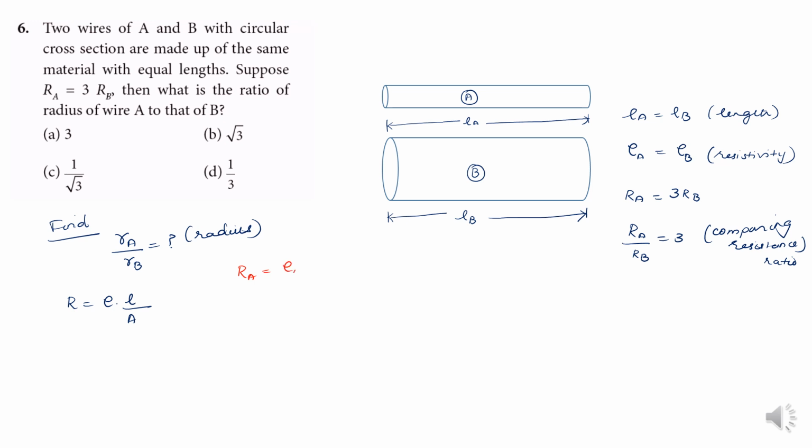So if we write this equation for wire A, we can write it as RA is equal to rho A LA by AA. Similarly, RB is equal to rho B LB by AB.